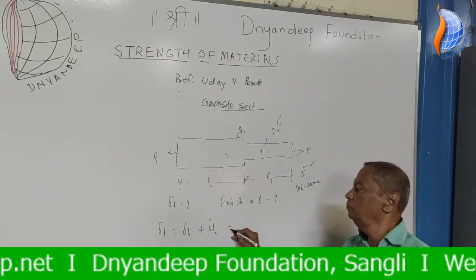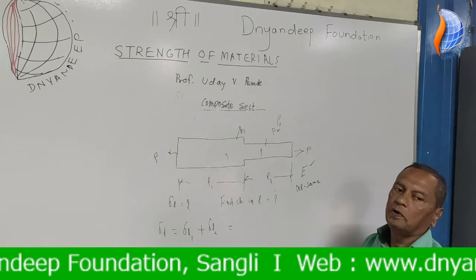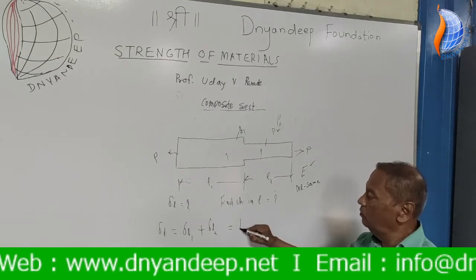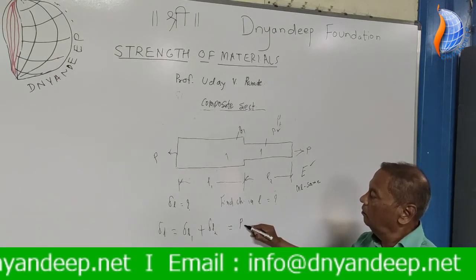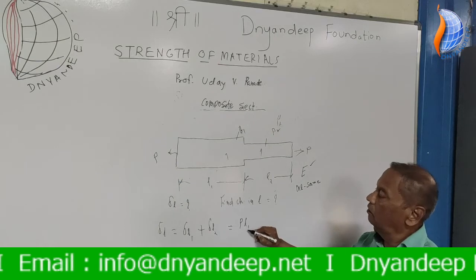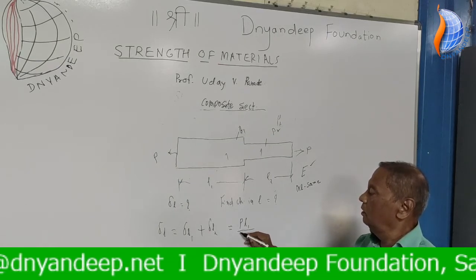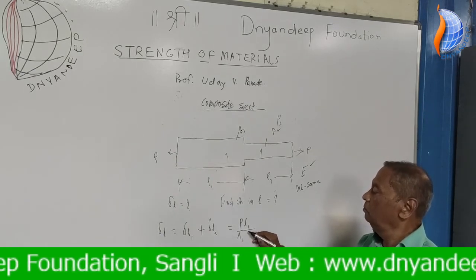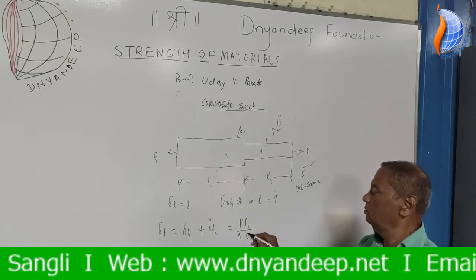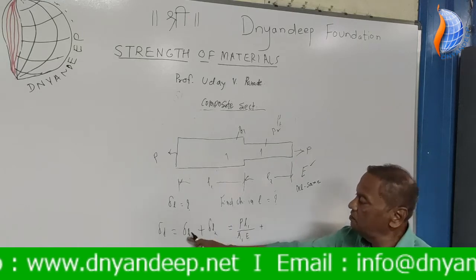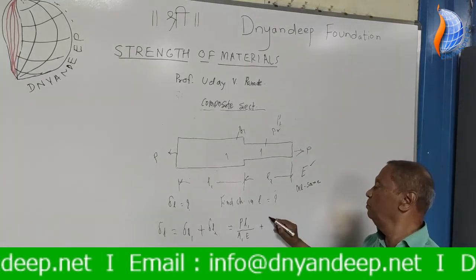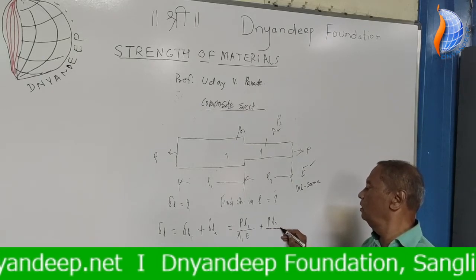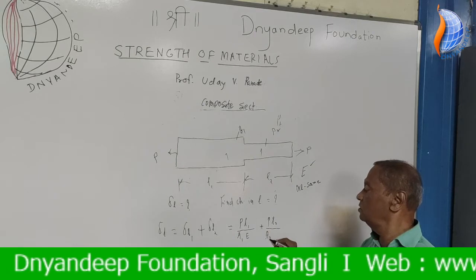So this is equal to PL upon A, that is P into L1 upon A1, E is same, plus delta L2 equal to P into L2 upon A2, because area of cross section is different.